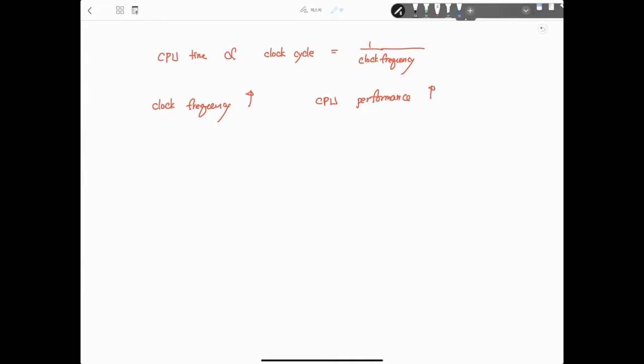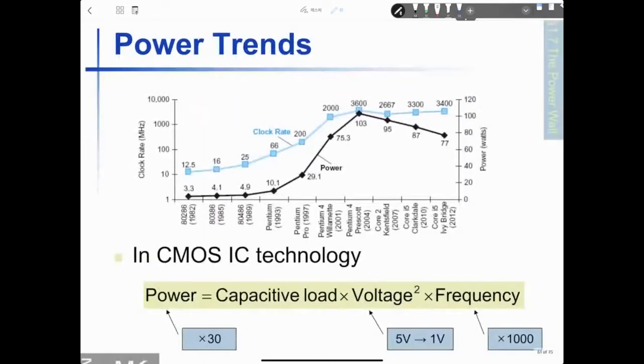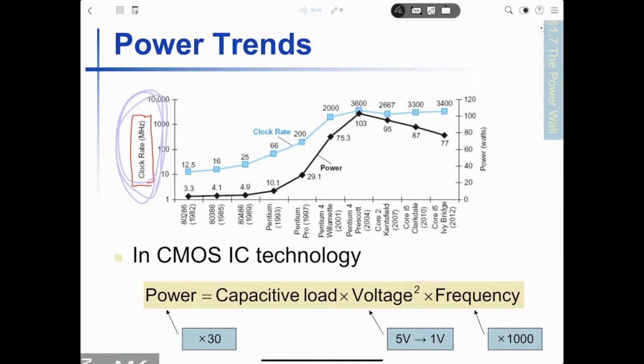So simply by increasing the clock frequency, we can easily improve the performance. On the y-axis, there is the clock rate, right? The clock rate was 12.5 megahertz, 60 megahertz, 25 megahertz.